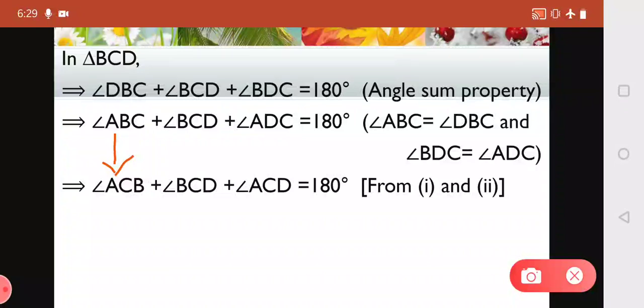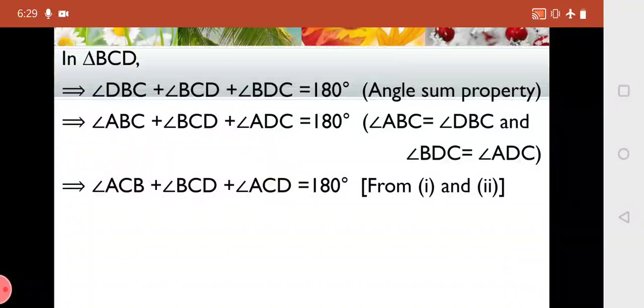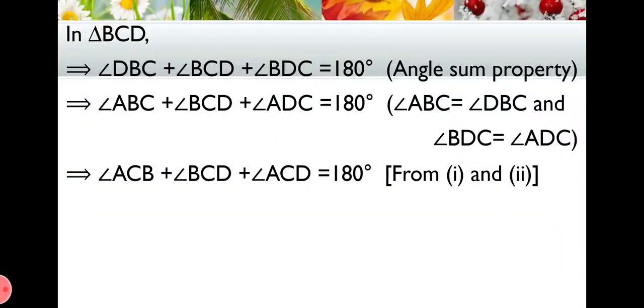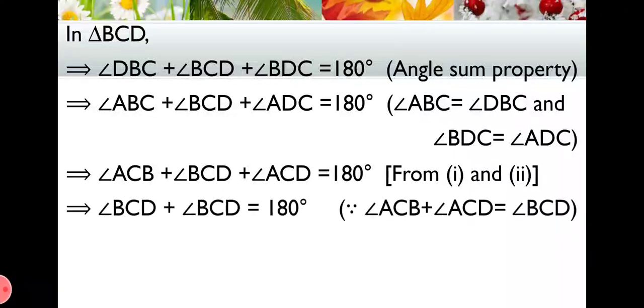Again, in place of ADC we have written ACD, because according to equation number 2 angle ADC equal to angle ACD. Therefore we write angle ACB plus angle BCD plus angle ACD equal to 180 degrees from 1 and 2.